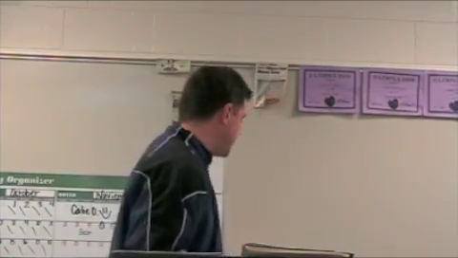GPS standard number 2, A, is to illustrate by means of a production possibilities curve the trade-offs between two options. And so what I'm going to do is draw a production possibilities curve on the board, and maybe that would help.